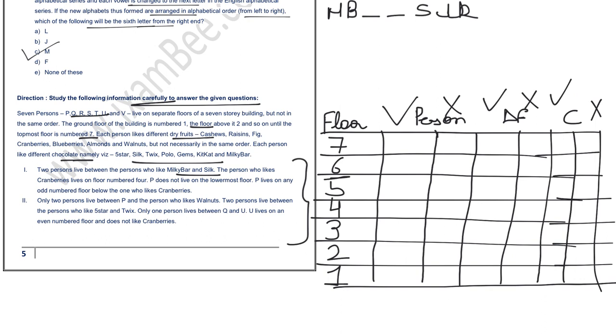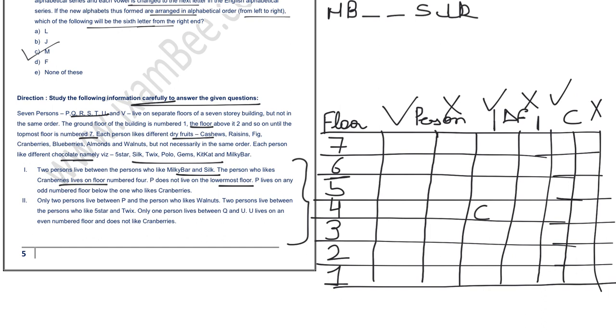Now it is given to you, the person who likes Cranberries lives on floor number 4. So you can write the Cranberries over here because it's one of the dry fruits. So these are the people who like dry fruits, and these are the people who do not like dry fruits. So I am placing Cranberries over here. Now it is given to you that P does not live on the lowermost floor.